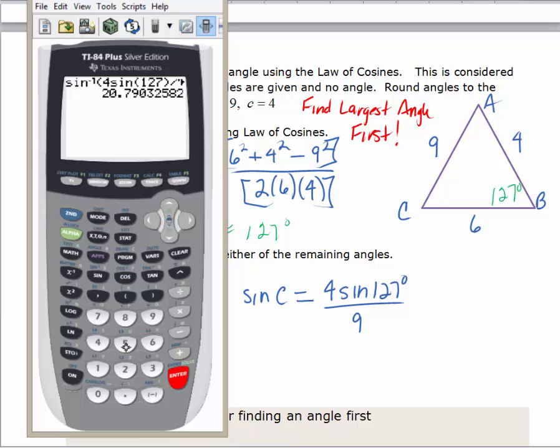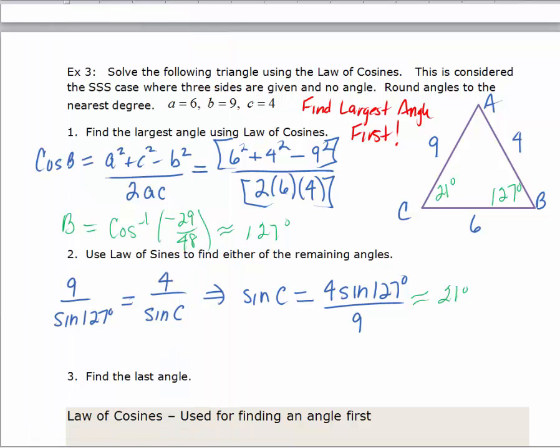And we get approximately 21 degrees. So from here, to find the last angle, we just take 180 minus the 21 minus the 127, which gives us 32 degrees for angle A. And again, you can use the law of sines to check your work.